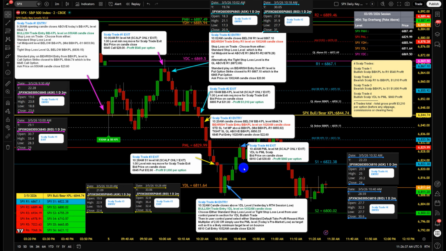Okay, so this is the 10:32 a.m. candle. Here is the ask price on the close of that candle, $24, for the 68.10 call. So with this type of particular trade, you're looking at the closest strike to, again, the level you're taking the trade from, 68.11.64, so that's going to be the 68.10 call.